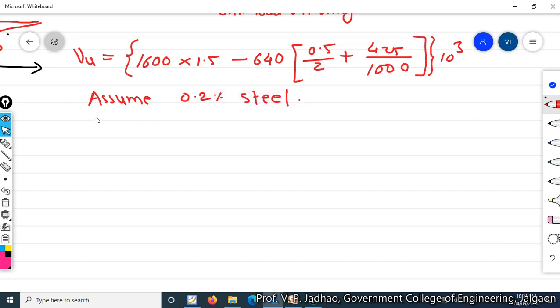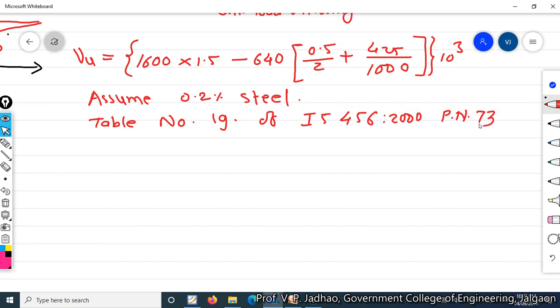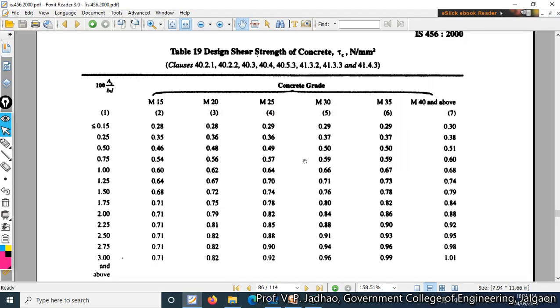Now if we see table number 19 of IS 456 2000 on page number 73, for 0.2% steel, it will be somewhere here.